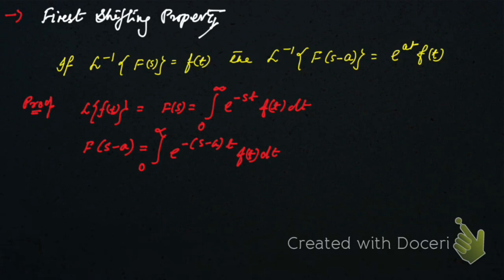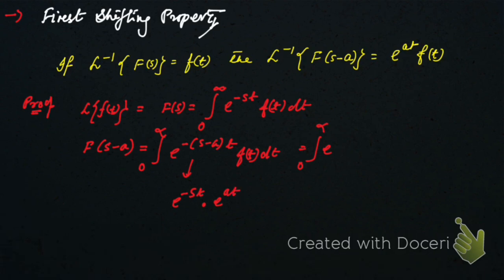So now it can be written as the integral from 0 to infinity, and this e to the power minus (s minus a) t can be written as e to the power minus st into e to the power at.